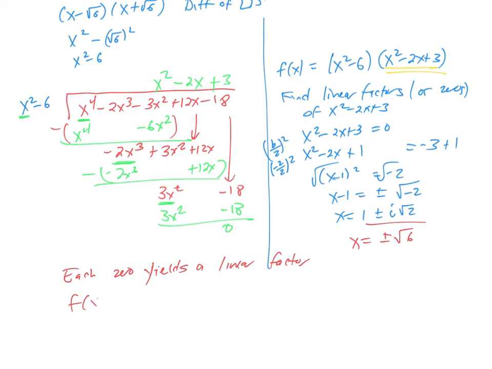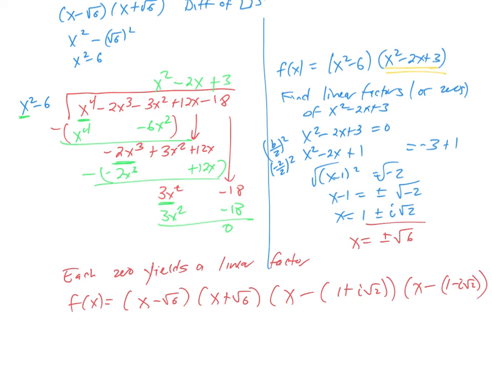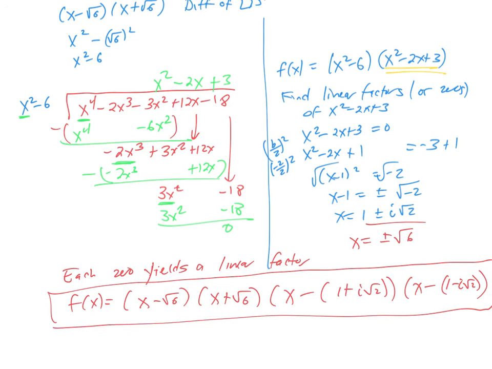So now we can write this as f of x is equal to x minus rad 6 times x minus negative rad 6, which will be x plus rad 6, times x minus the quantity 1 plus i rad 2, and x minus the quantity 1 minus i rad 2. And that is the solution for this function.